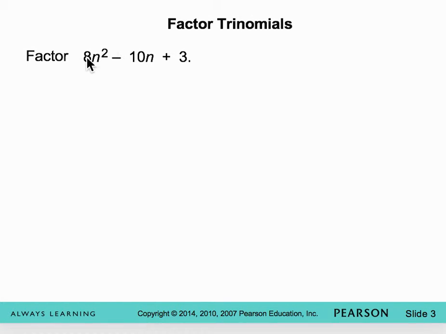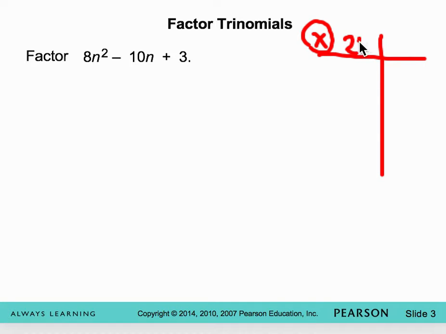Okay. There's not a common factor, but it's a trinomial. So I need 2 numbers that multiply to give 24, while at the same time adding to give -10. Okay, these numbers aren't too big, so I could go through my list, 1 and 24, 2 and 12.